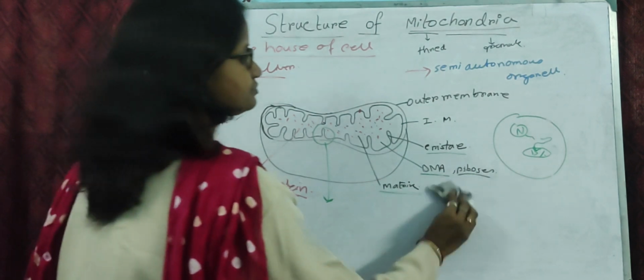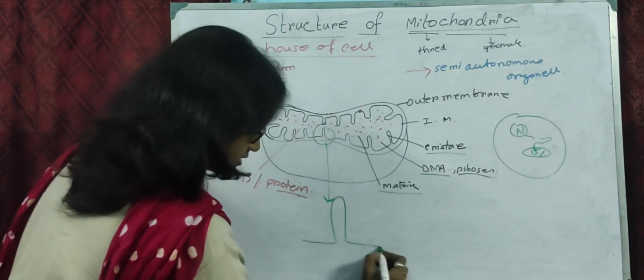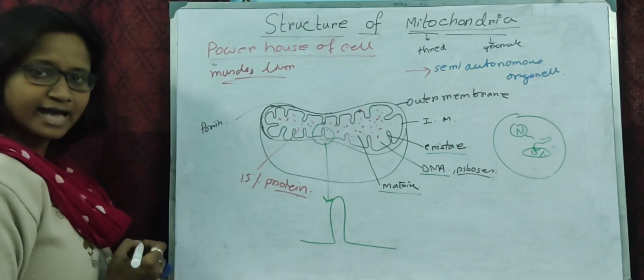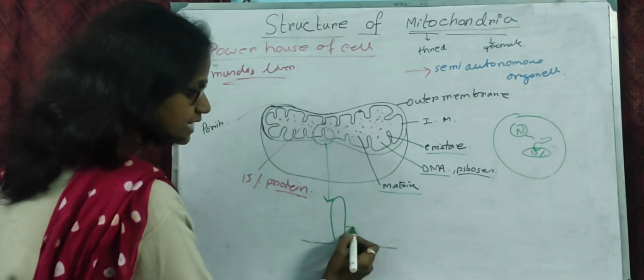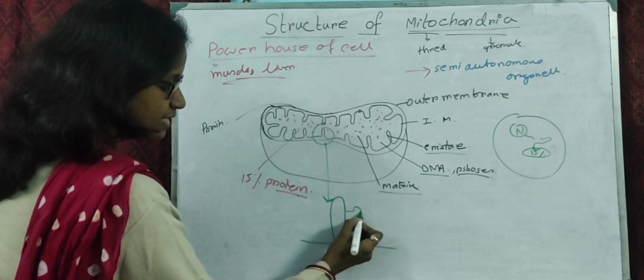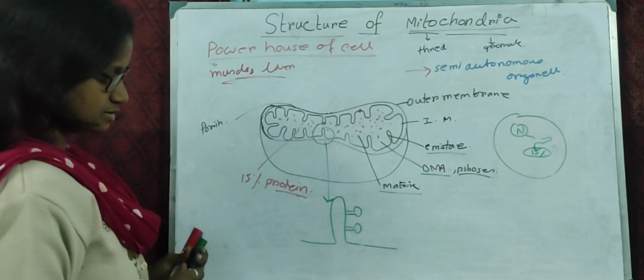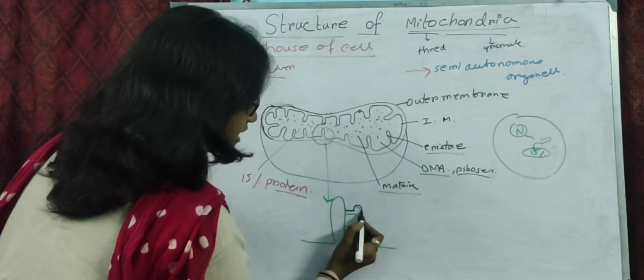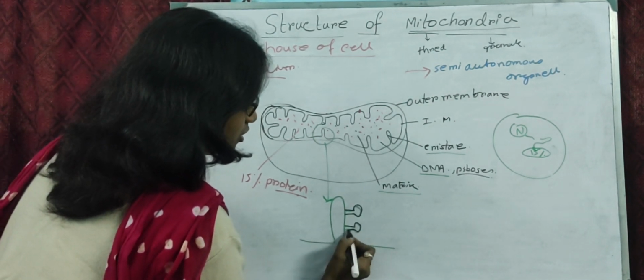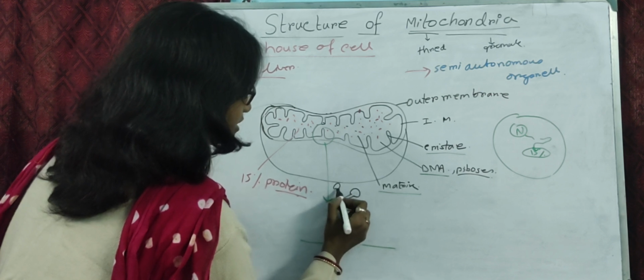It looks like that. This is a crista, and on the cristae there is a tennis racket-like structure. These tennis racket-like structures are called F0, F1 particles.